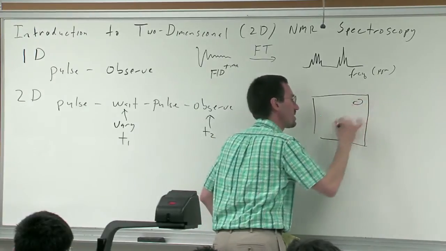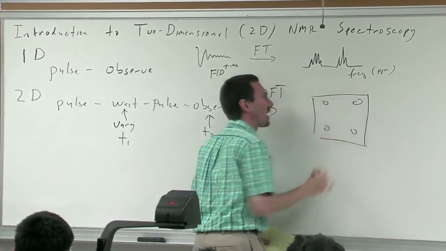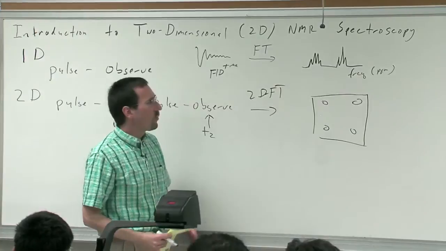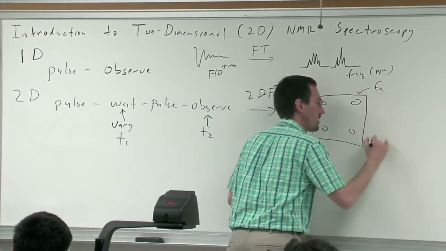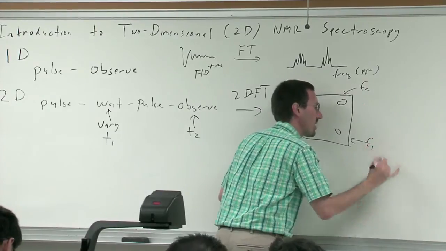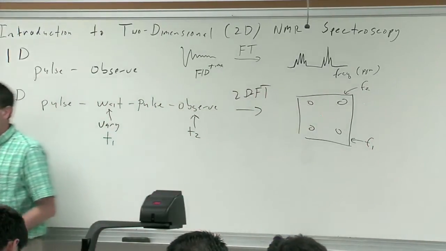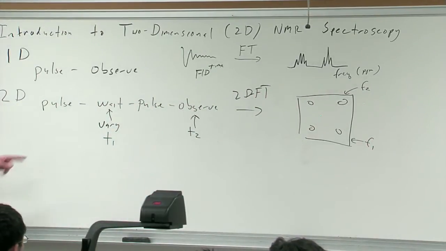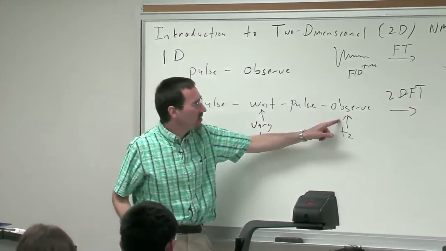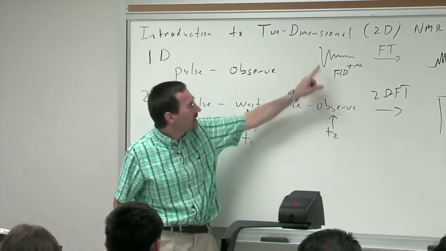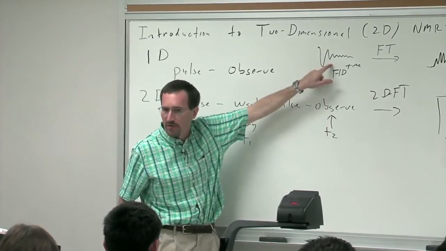And so you get a spectrum that might look like this, where you have one domain here, and this is called your F2 domain, and then another domain here, and that's called your F1 domain. Now, what does this mean? As you're varying, well, you understand here, of course, in t2, you're collecting a signal, and it's dying off with time.